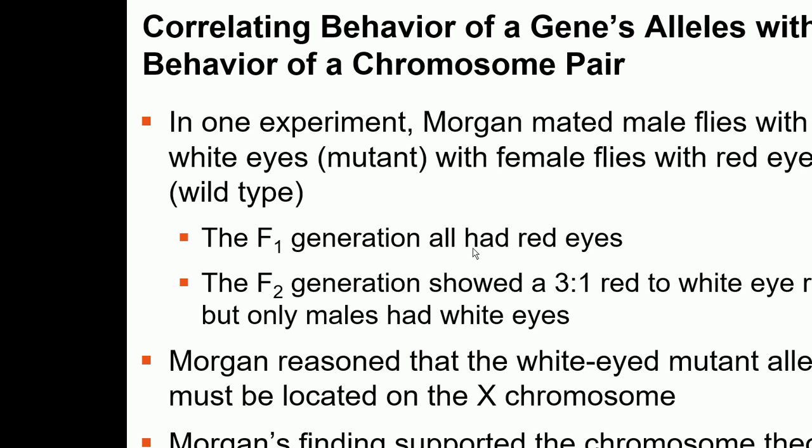Now let's see what it all means. On the basis of these results, Morgan reasoned that the white-eyed mutant allele was located on the X chromosome. This finding supported the chromosome theory of inheritance, which means the genes are located on specific chromosomes.